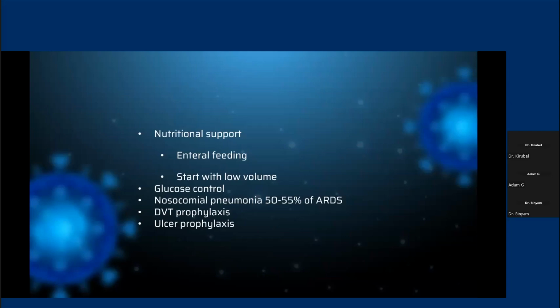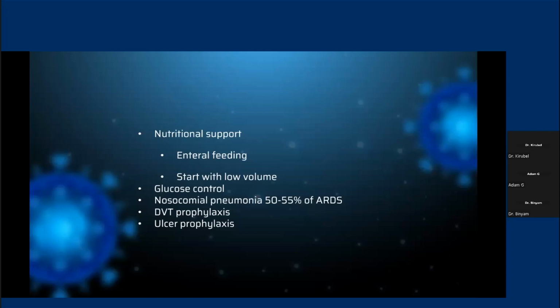On top of that, comparing infection risk with parenteral nutrition, enteral nutrition is better. So we prefer starting feeding with the enteral route. Glucose control is ideally the same as with other critical patients. It's supposed to be kept between 140 and 180 milligram per deciliter, and we should keep within this range.